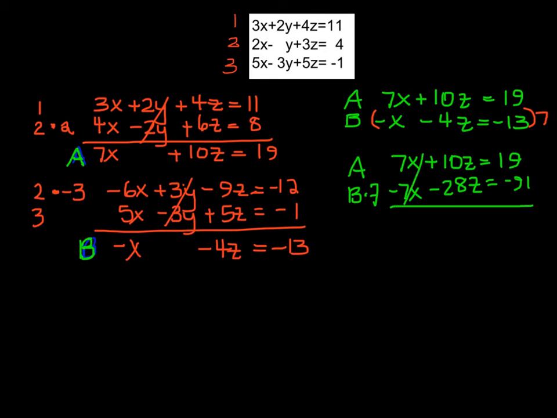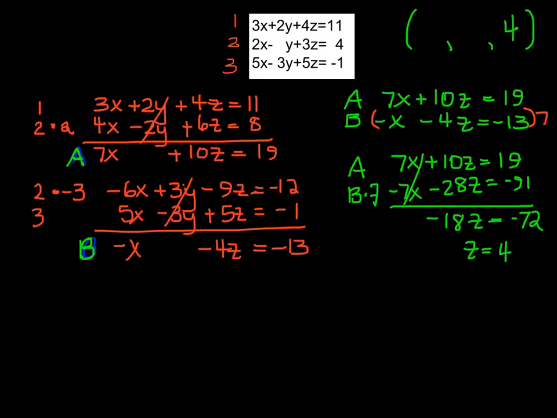The x cancels. I get negative 18z equals negative 72, and z equals 4. So remember, I will have an x, a y, and a z coordinate. I have a 4 for the z.